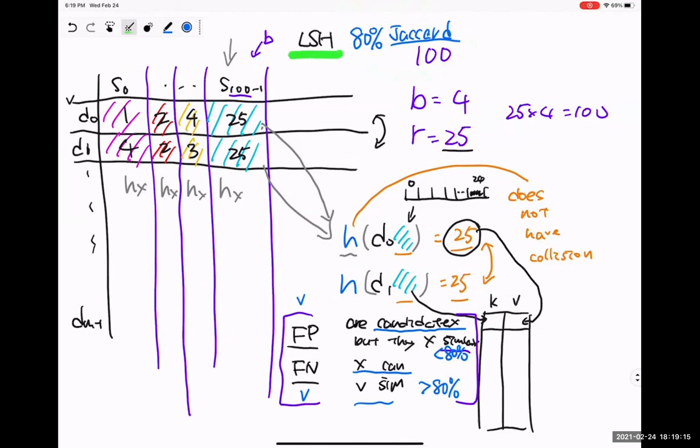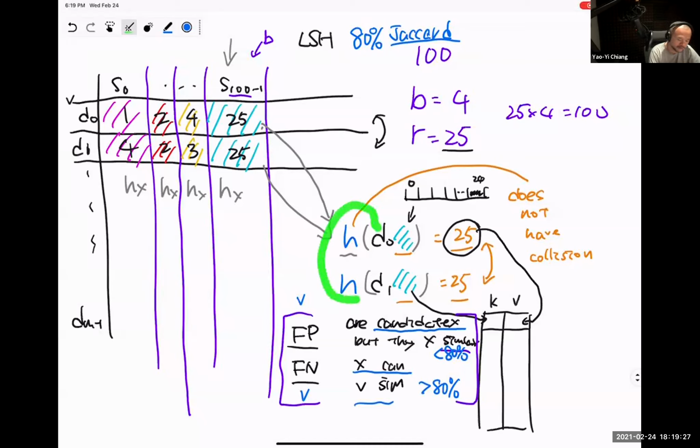What in LSH would affect how you decide a candidate? Well, your hash doesn't really affect it, right? The only criterion for the hash is if you have the same input, you will have the same output. That's it. What else has an impact on which pair would be a candidate? Sample, great. So block size.